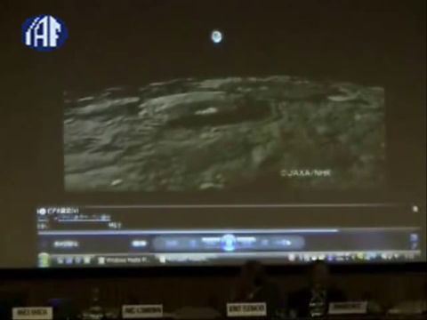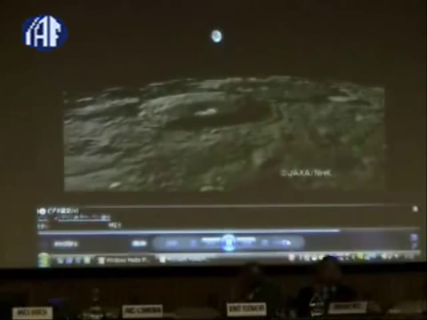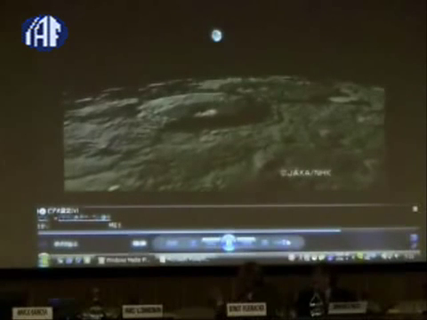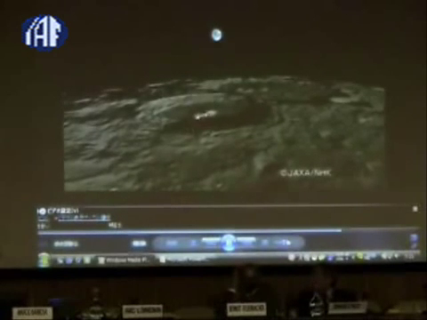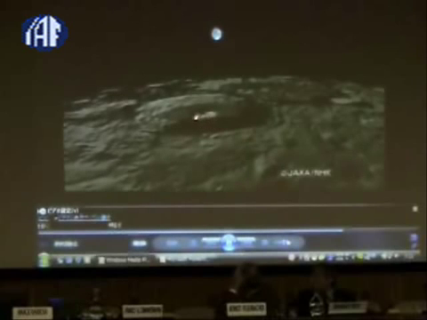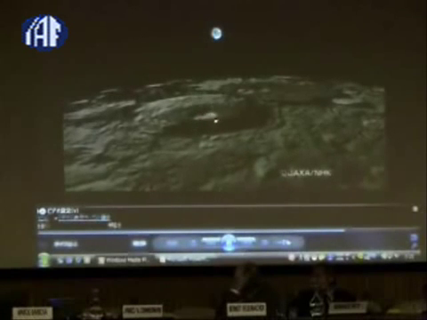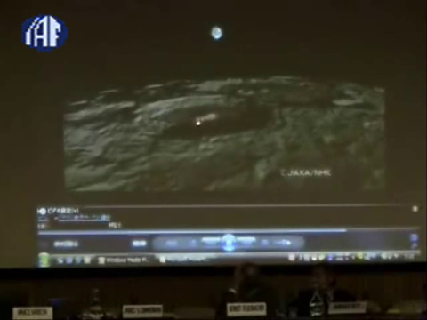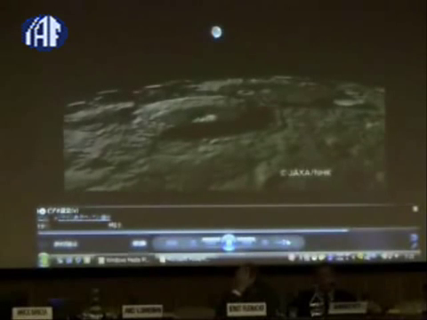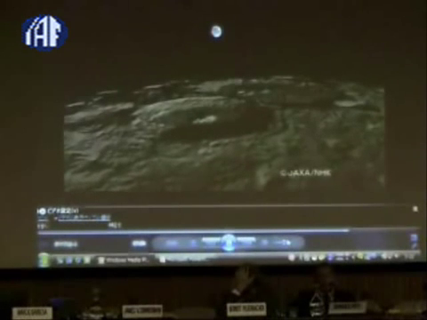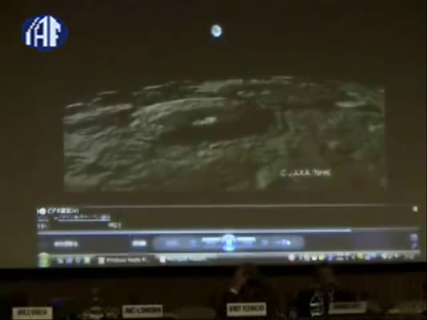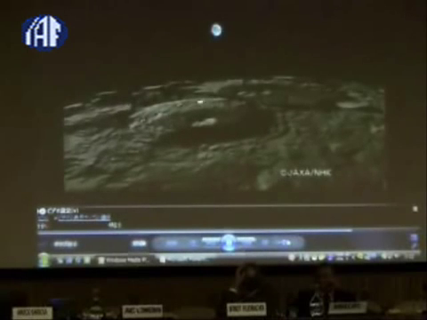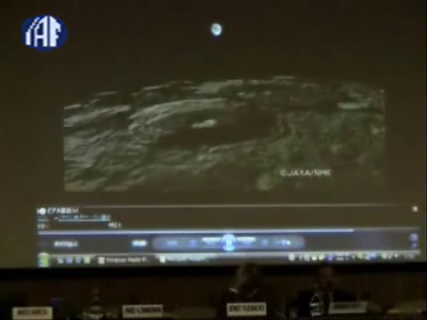This is 100-kilometer size. Now usually the 100-kilometer size crater has a central peak, or the exact name is, I don't know, but there is a peak inside the crater that is generated by the impact. That is a very typical one. Anyway, we can see this kind of a very clear image.